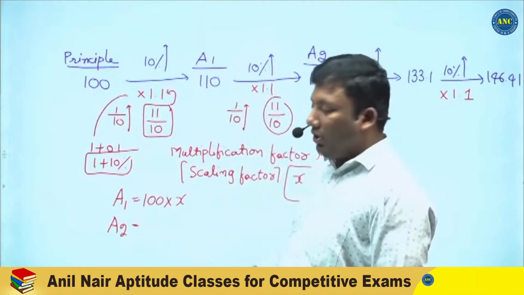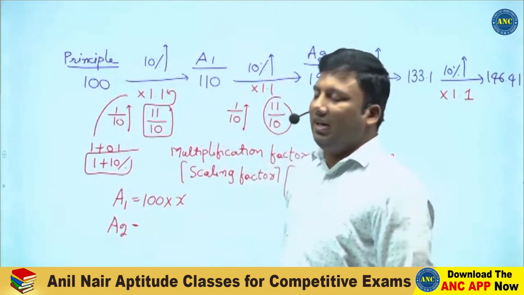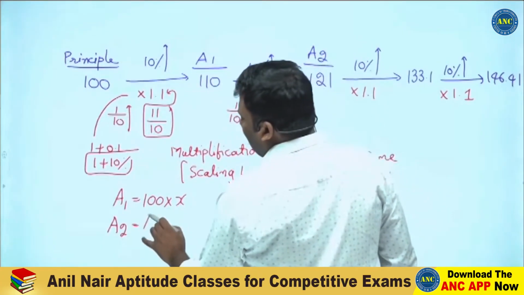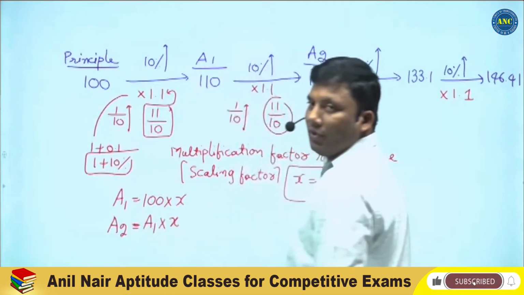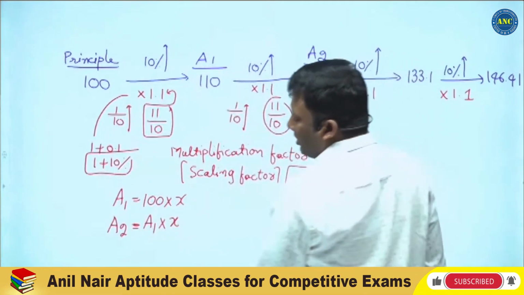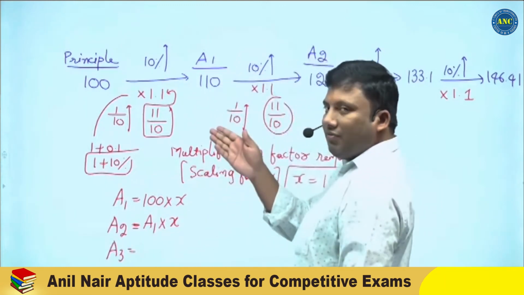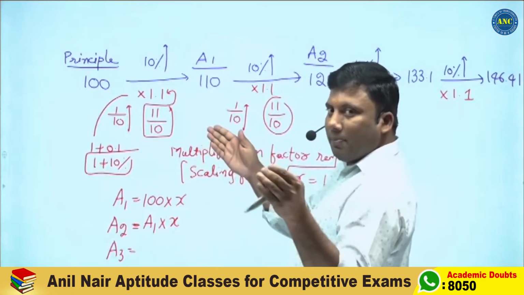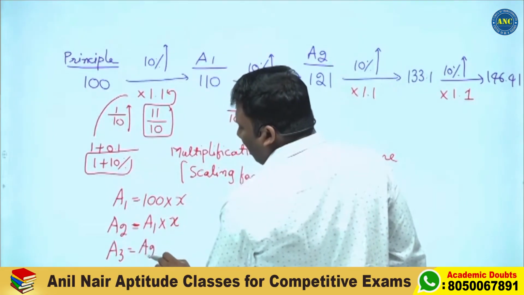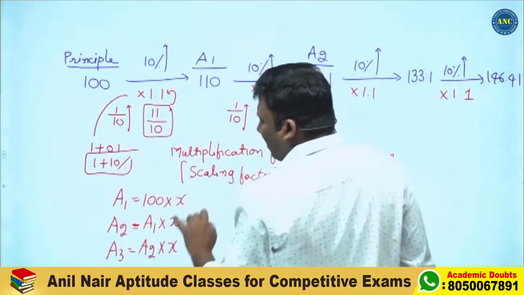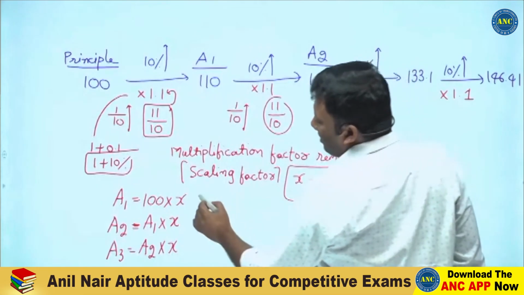Now if you see the amount after the second year, it is the output. The amount at the end of the first year becomes the input for the second year. So on A1 I am doing X. Are you all with me? Similarly, the amount at the end of the second year becomes the principal for the third year. So P we will replace 100.